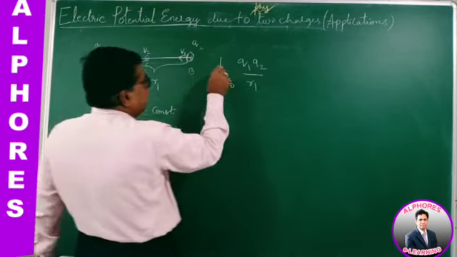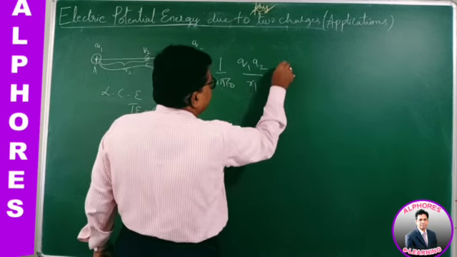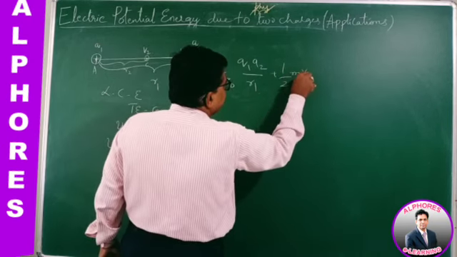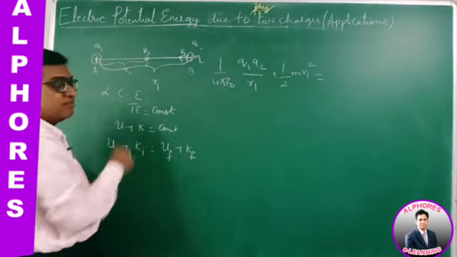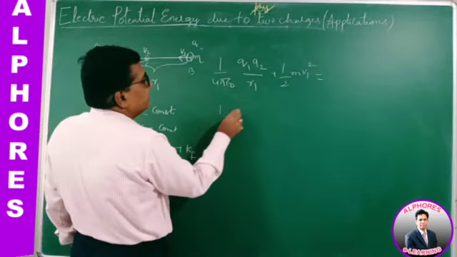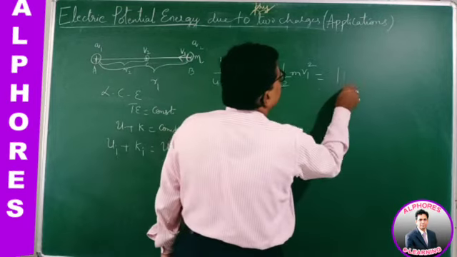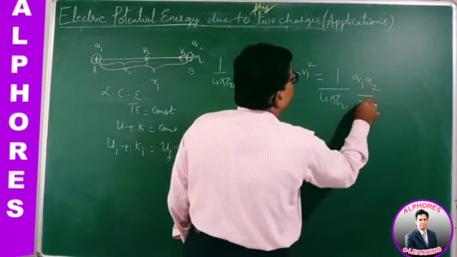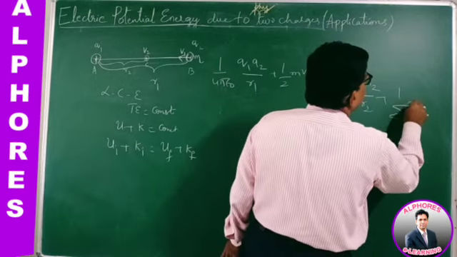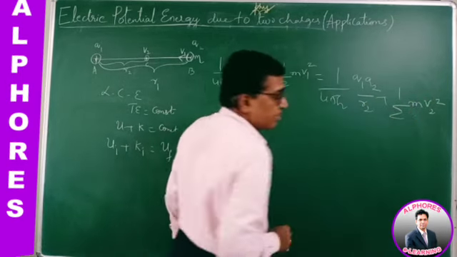And the initial kinetic energy of this particle, let the mass be m, is half m V1 square. Now when the particle has come to this position, the final potential energy is 1 by 4 pi epsilon naught Q1 Q2 by R2, plus final kinetic energy half m V2 square.